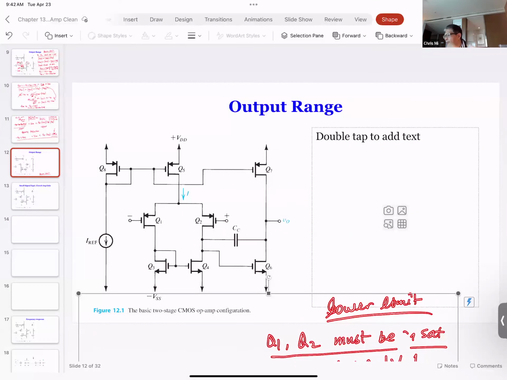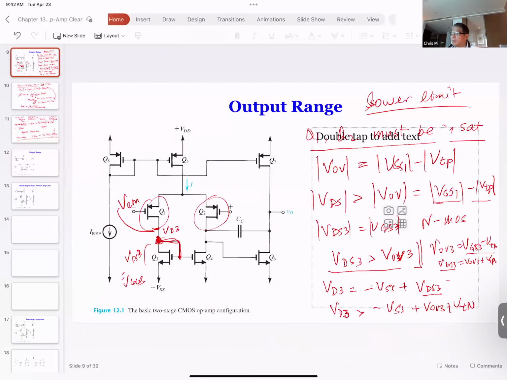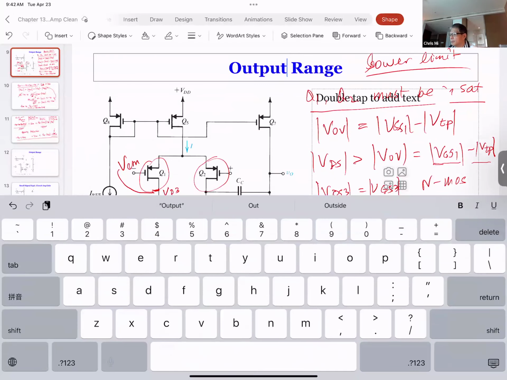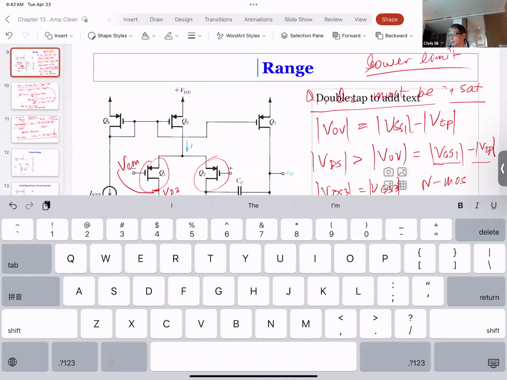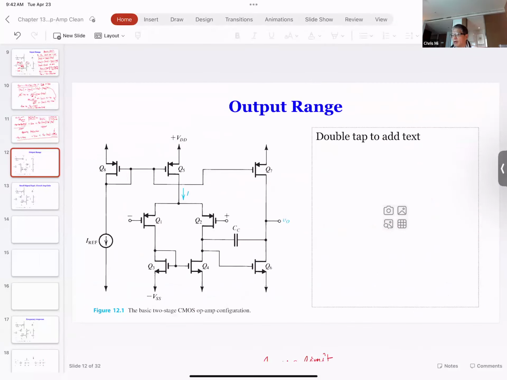Okay, I don't know how to delete this. Good. Well, here I want to change. This will be input range. We're talking about on this slide, we did talk about the lower limit. So now we need to talk about output range.